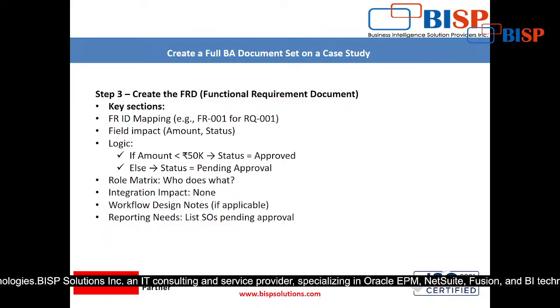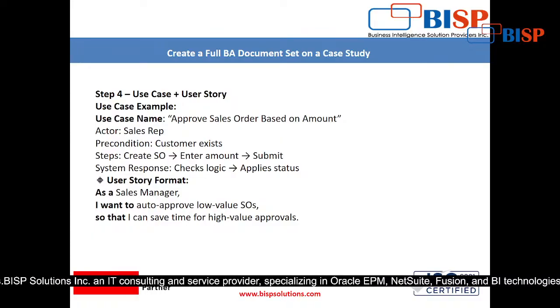Now let's come to the fourth point, that is use case and user story. Now what is a use case example? Same thing, requirement. What is the requirement or use case?